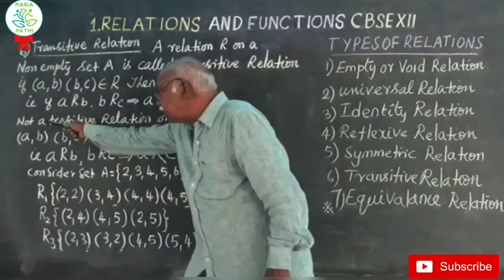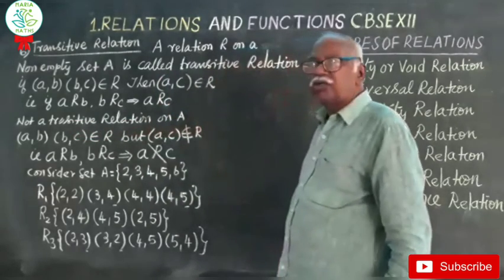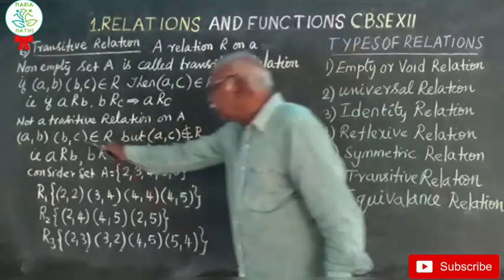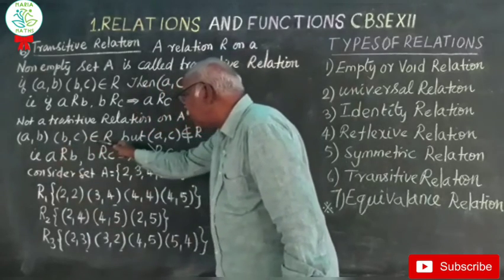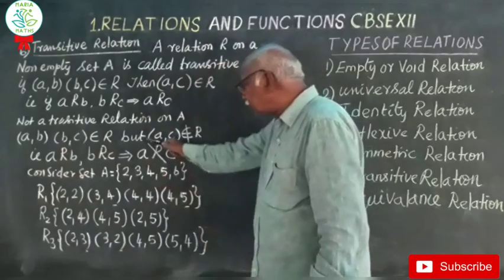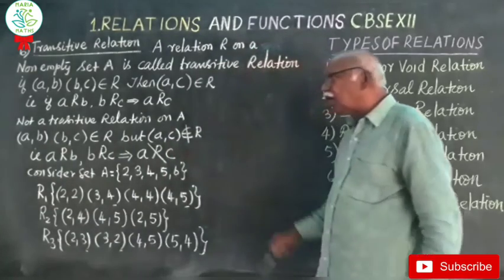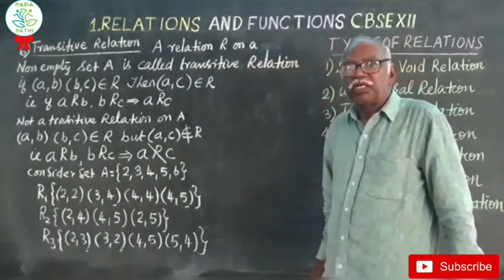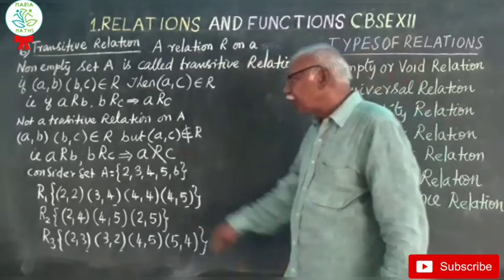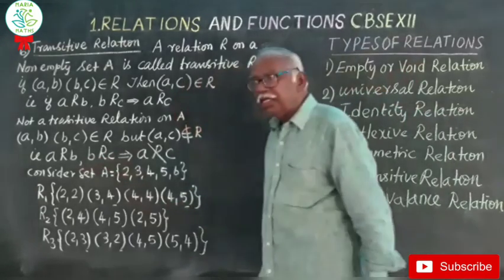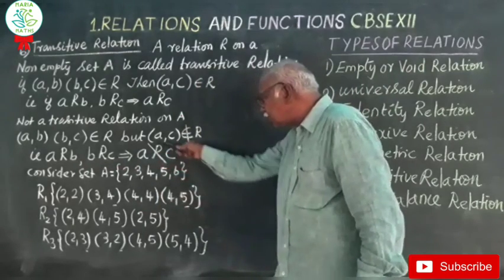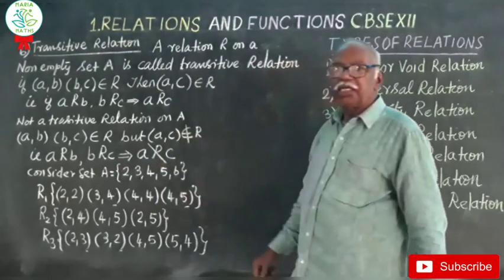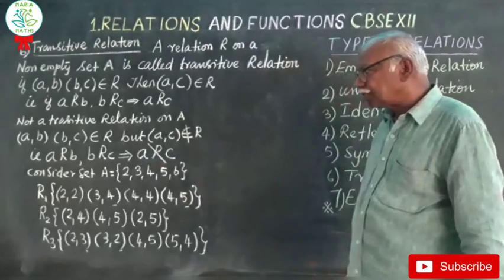The relation is said to be not transitive on A if (a, b) and (b, c) both belong to R, but (a, c) does not belong to R. That is, a is related to b, b is related to c, but a is not related to c.